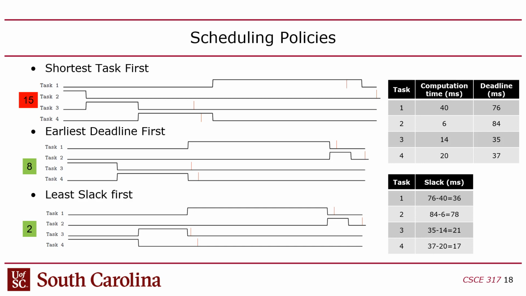Another option is to run the shortest task first, which would be task 2, task 3, task 4, task 1, right? So that would be just based on the execution time. So we'll do 2, 3, 4, and 1. But that one, in this case, didn't work.